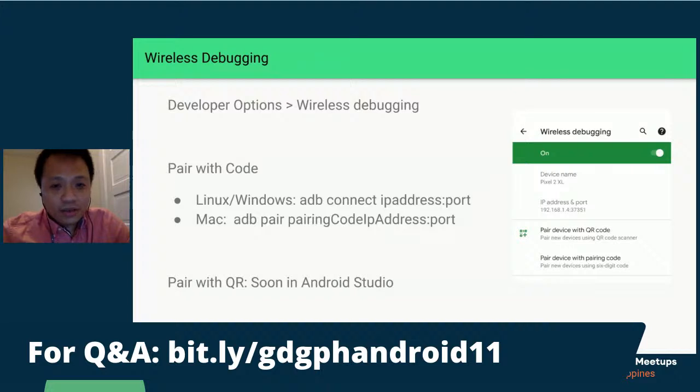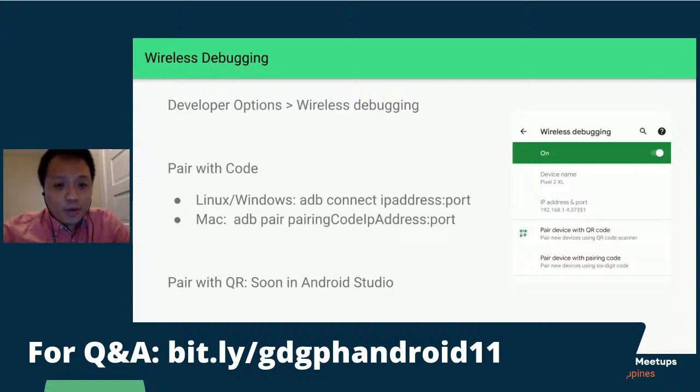We have tried other solutions, like other plugins to allow debugging with Wi-Fi, but some of those solutions are not fast or not secure, or probably, I don't know. Can't comment on that. But now we have official support for ADB, the Android Debug Bridge.